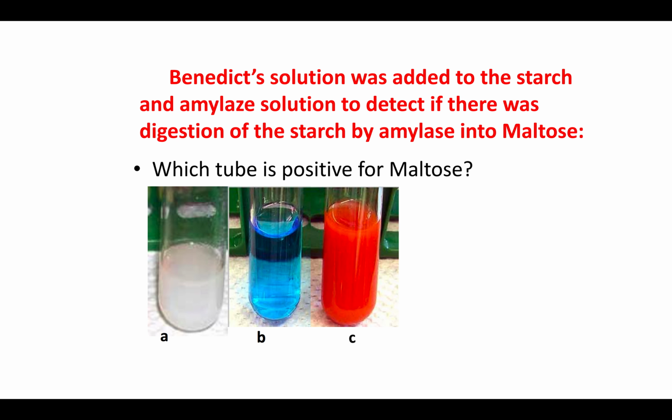It means that the amylase is working. If maltose is not present, it means that the starch is there and the starch was not digested. If the starch is not digested, either the amylase is not working or the temperature is not optimal. So that's why we do the experiments, to check. And of course, we always need the controls to check against the known standards.